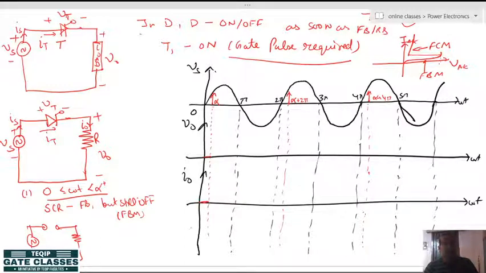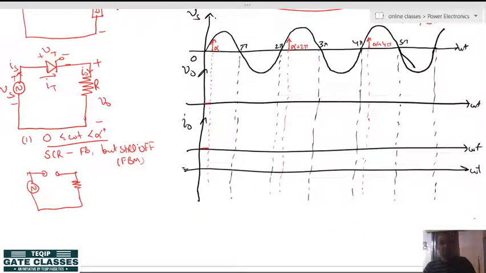Alright, and if you talk about the thyristor voltage at this time, let's draw another axis, that is the thyristor voltage.